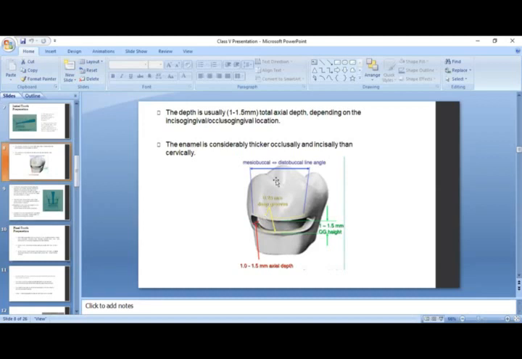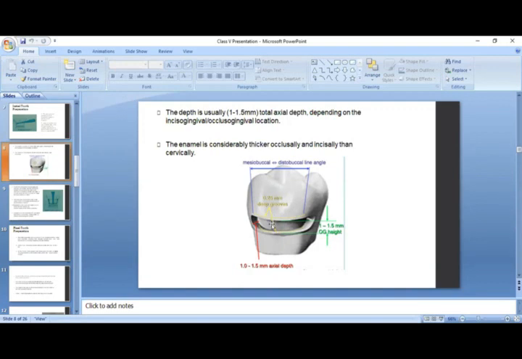The area close to the incisal or occlusal is referred to as the exo-occlusal or incisal, but the area close to the gingiva is exogingival. So there we place the two retention grooves, and the depth of the retention grooves is 0.25 millimeter.